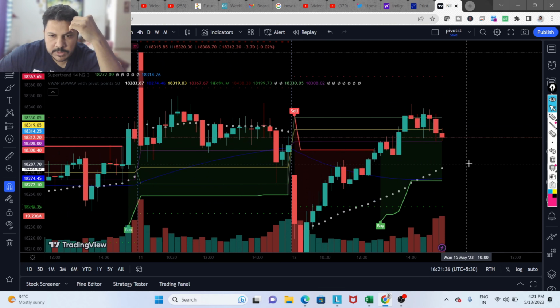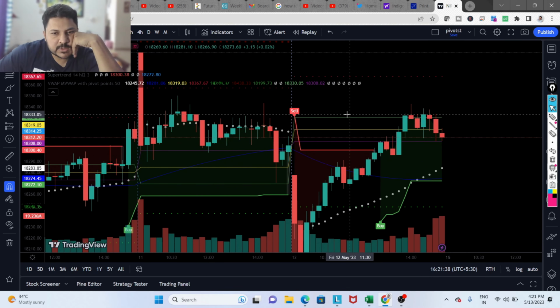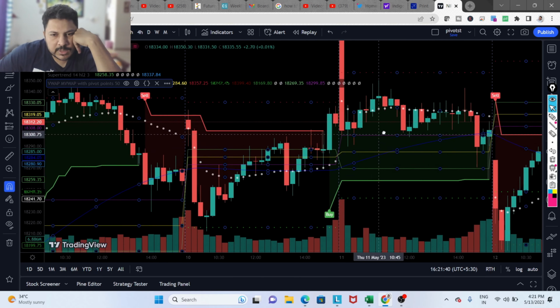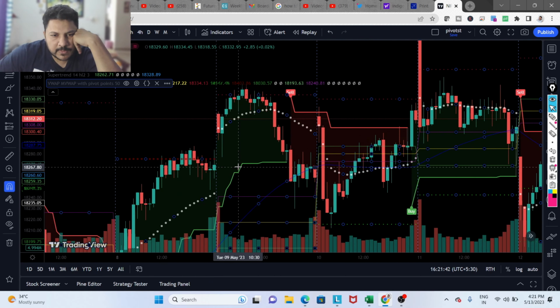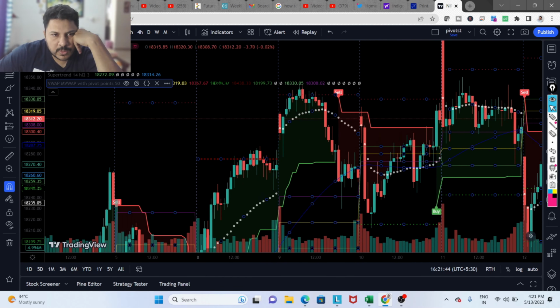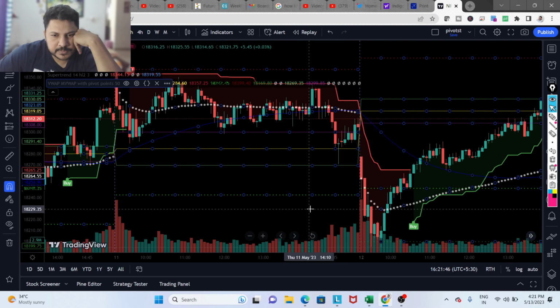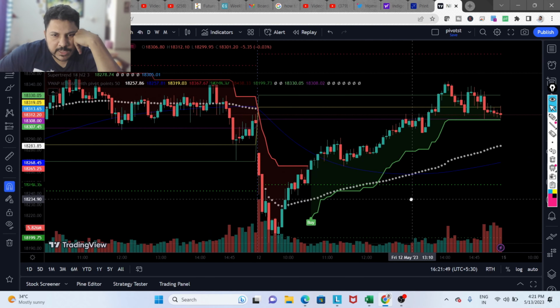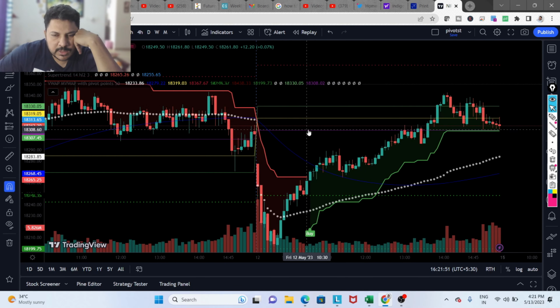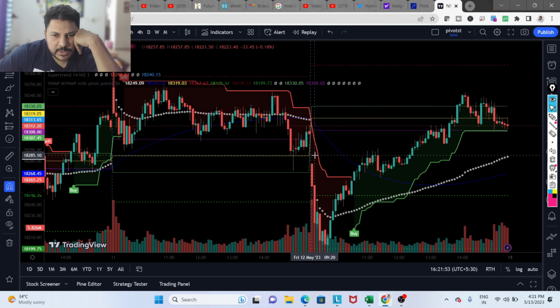So what you need to do is, when you see a CPR which is narrow, then expect a trending day. And when you see a CPR which is wide, you can expect a sideways day. So here our CPR was narrow and it opened way away from the CPR, and this was the candle where it was above the VWAP.